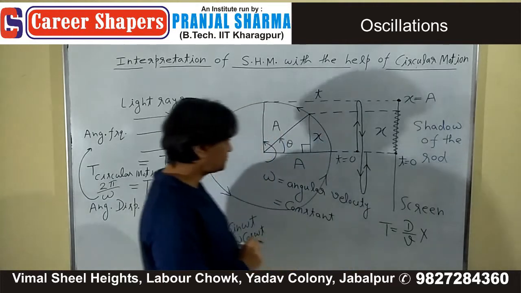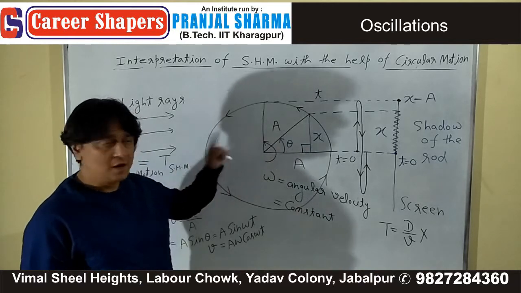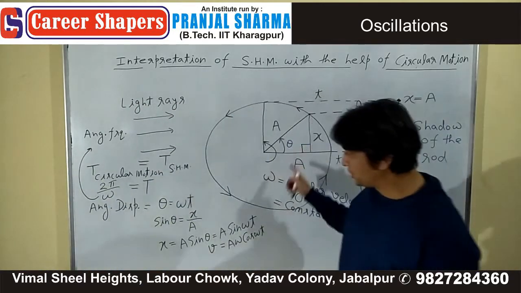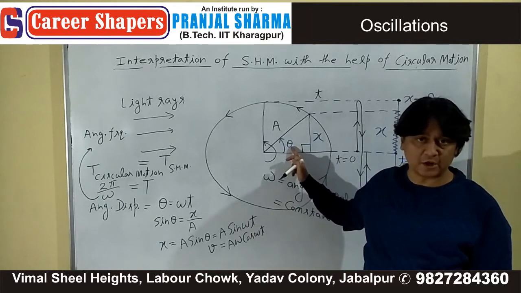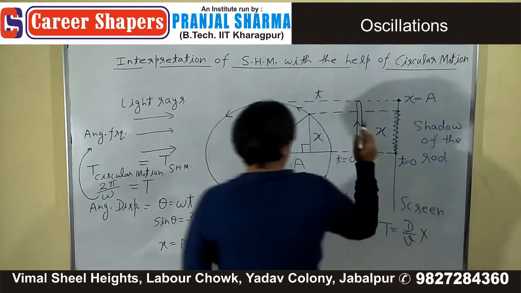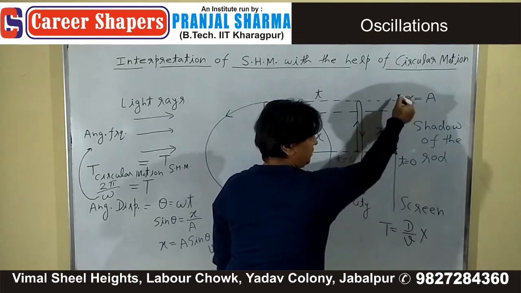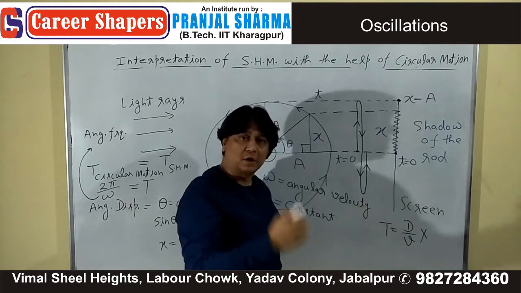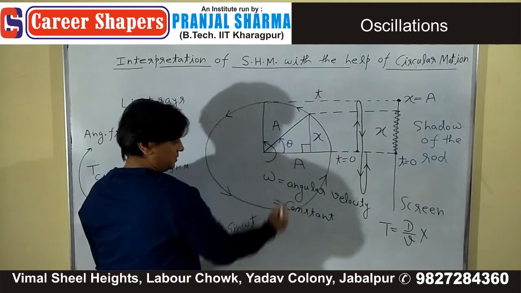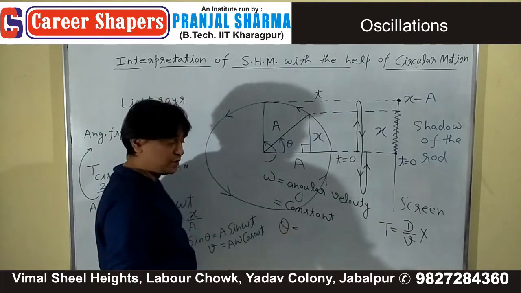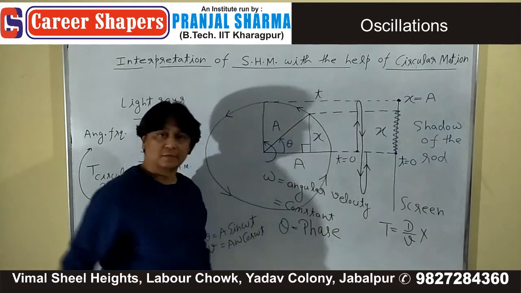Now, similarly, what is theta? Theta is what? Angular displacement. Now, this theta, which you see here as omega t, is angular displacement, but when you look at this tip of shadow again, you do not see any angle being formed because it's only a linear, one dimensional path, and therefore this theta in simple harmonic motion is called phase.